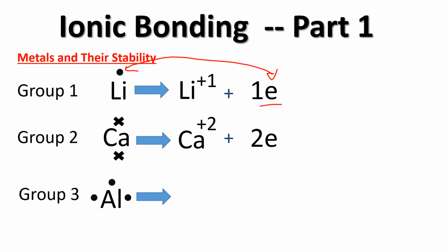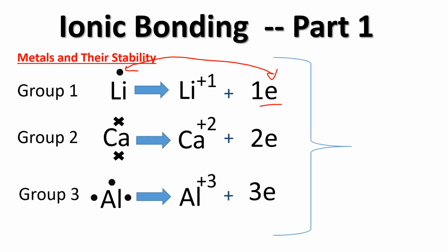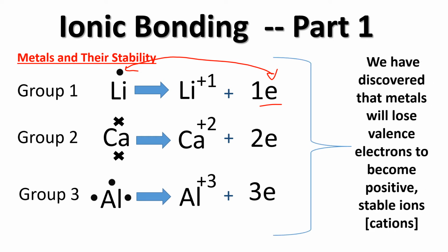And of course the answer is it's going to lose 3, and if it loses 3, it's going to end up with a stable charge of +3. And we've made a little discovery here about metals. What we've discovered is that metals will lose valence electrons to become stable, positive cation ions. So soak that in for a second. All metals are behaving the same way.